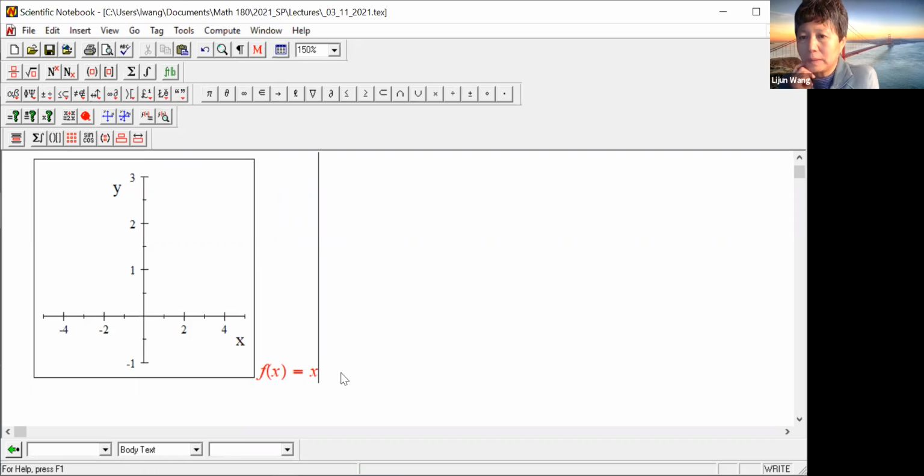Any other comments? When inputs are opposite, the outputs are the same. Inputs are opposite and the outputs are the same.